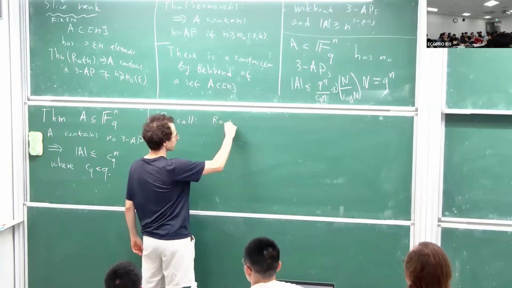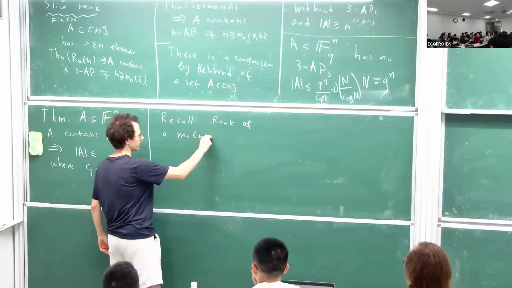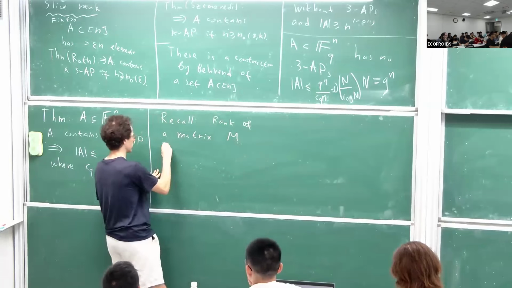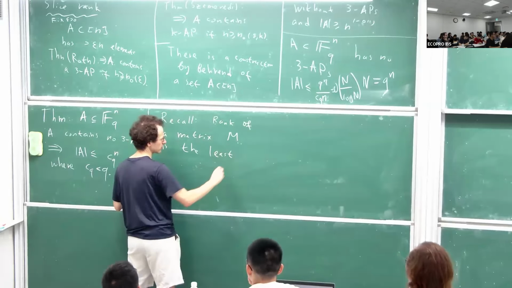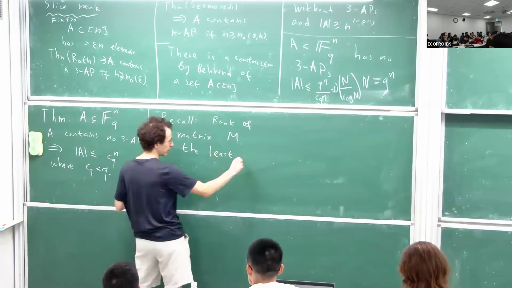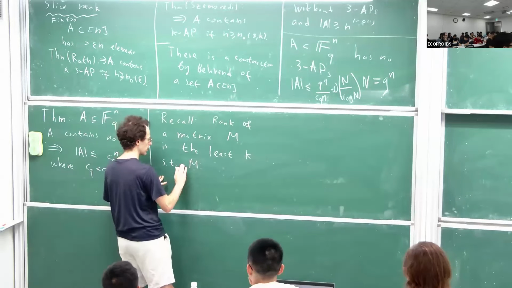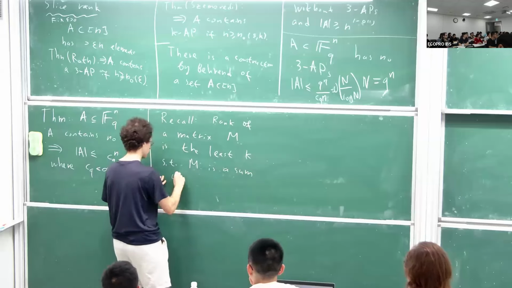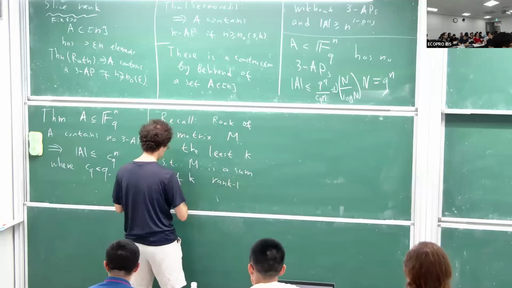One way to define the rank of a matrix M is the smallest number k such that M can be written as a sum of k rank 1 matrices.